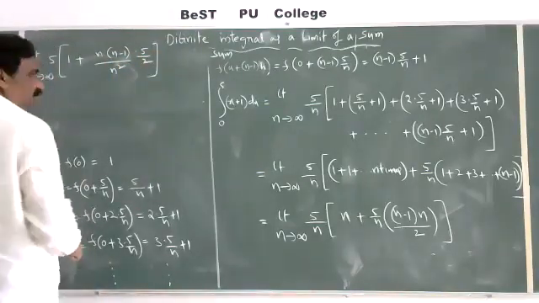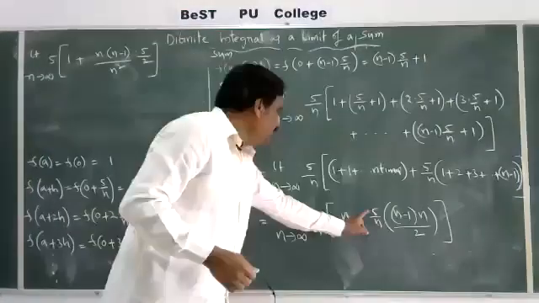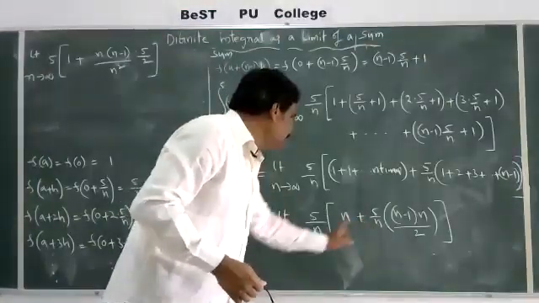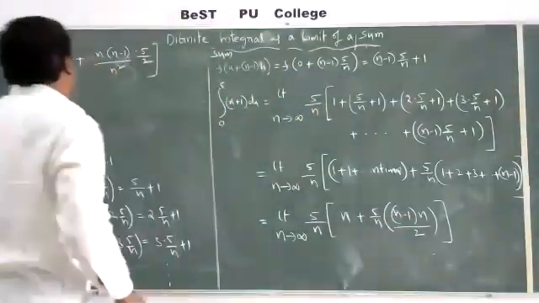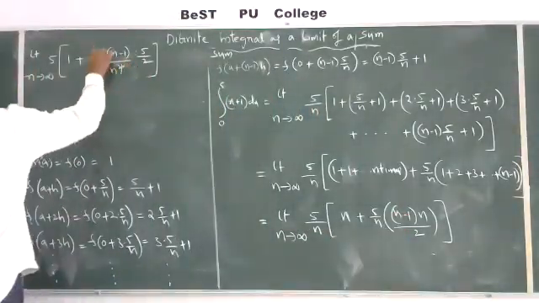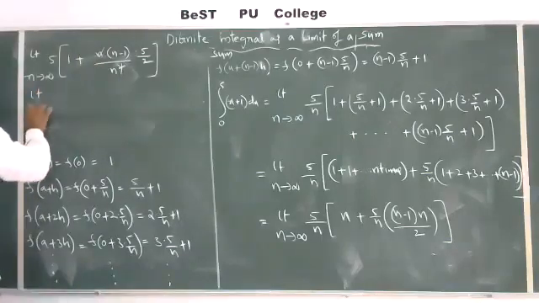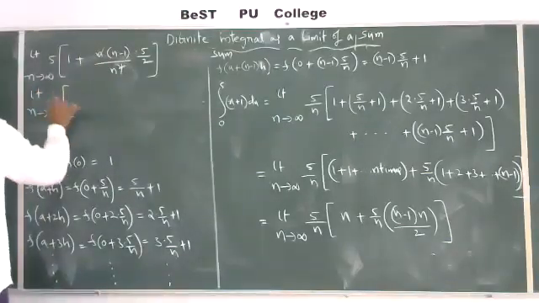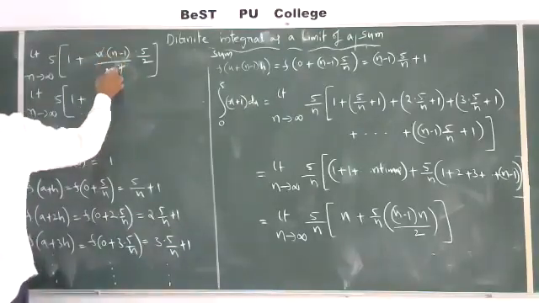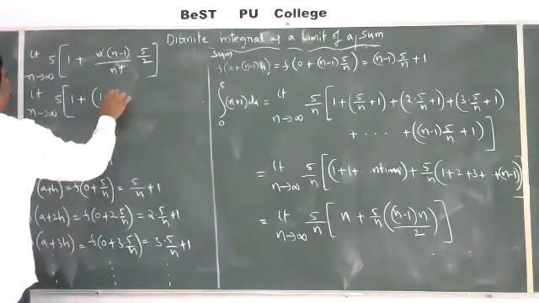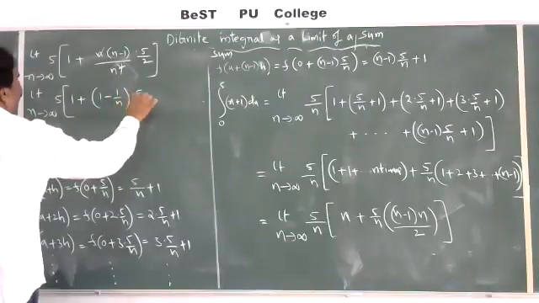You understood? 1 by n into n into n minus 1, n square in the denominator, 5 by 2 constant. So here 1 by n cancels. Limit n tends to infinity 5 into 1 plus, the remaining n by n is 1, minus 1 by n into 5 by 2.